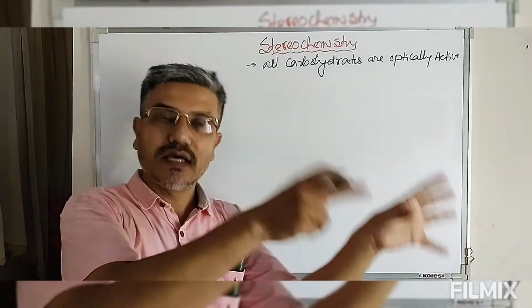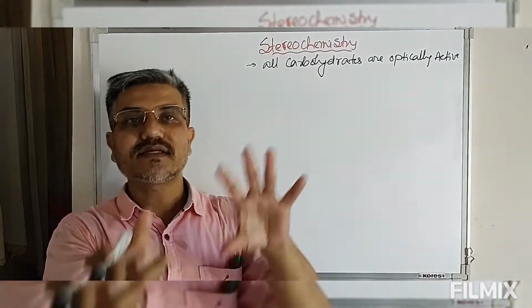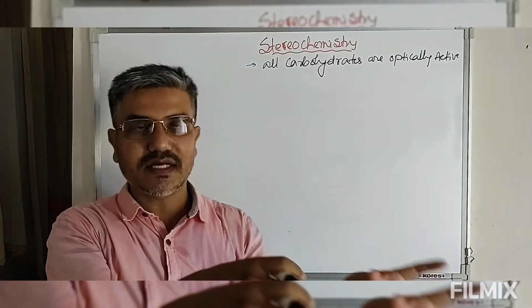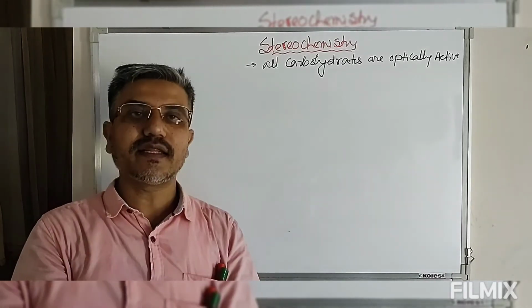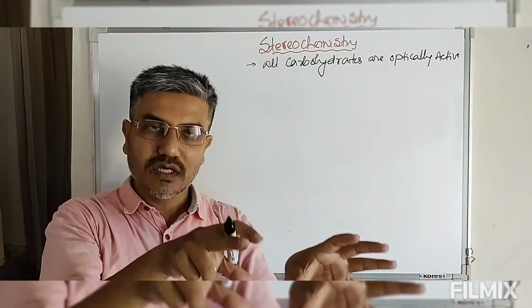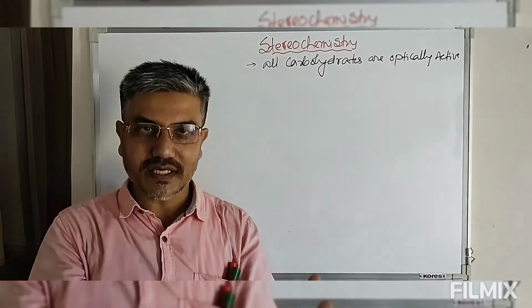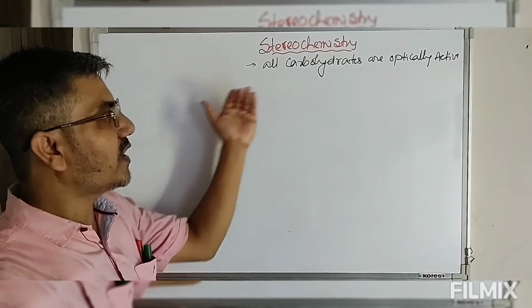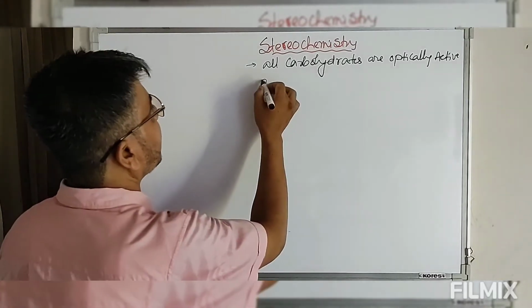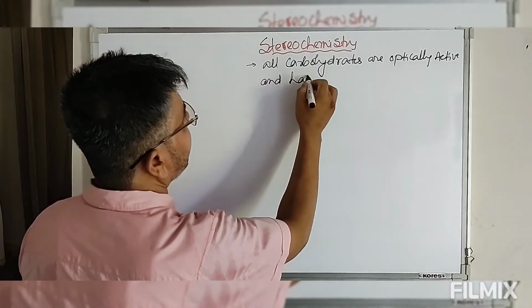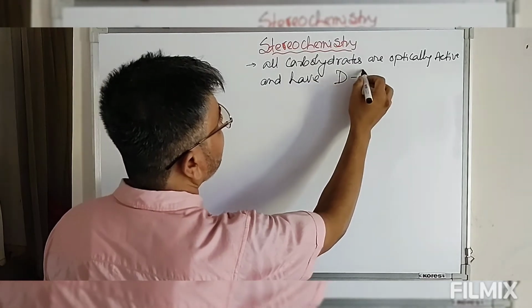or whether it will rotate the plane of plane polarized light in the anti-clockwise direction, that is levorotatory. We can simply identify whether the molecule will rotate plane polarized light. That is what we call optical property. So all carbohydrates are optically active and have D configuration.